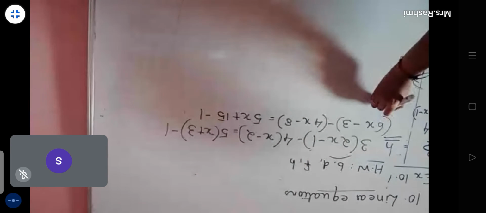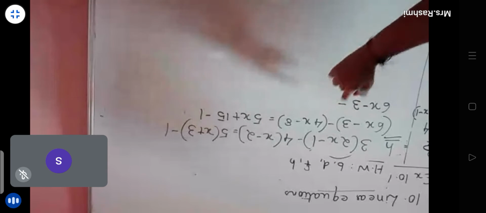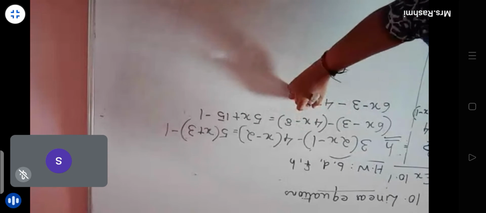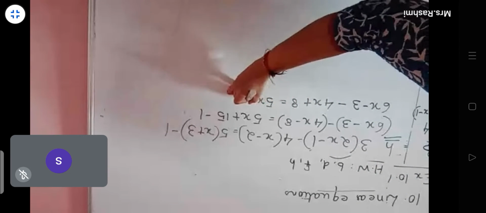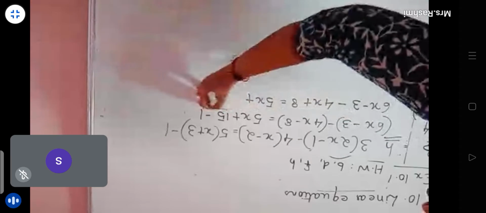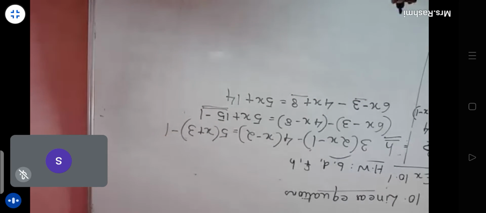Understood. Now we are going to open the bracket and then we'll get plus. Minus 4x, and now this minus and this minus give plus 8. Plus 5x, and just for simplifying, 15 minus 1, I can write 14. Same here also, minus 3 and plus 8 can also be simplified.